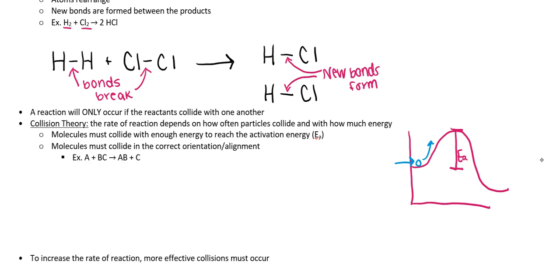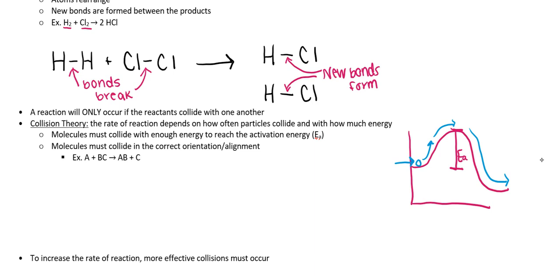In order to get the golf ball up and over the hill, you need to hit it with enough energy to get to the top of the hill, and then it can roll down to the other side. So our chemical reactions kind of work the same way. If molecules collide, but they don't collide with enough energy, it's like that golf ball rolling back down the hill. They need to collide with enough energy in order for the reaction to be successful.